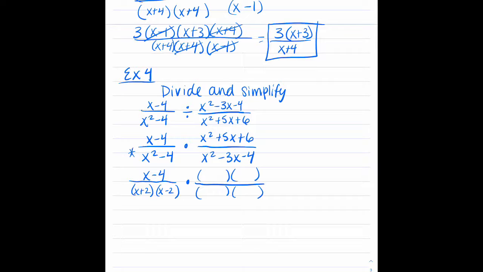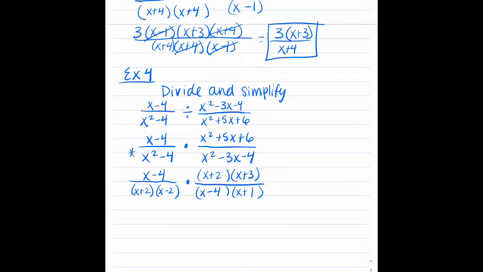Okay, and then if you did t-charts for the second step, you should get x plus 2, x plus 3. And then on the bottom, you should get x minus 4, x plus 1. Okay? Now that we have it as simplified as possible, we can start canceling stuff out and then combine it as one big fraction.